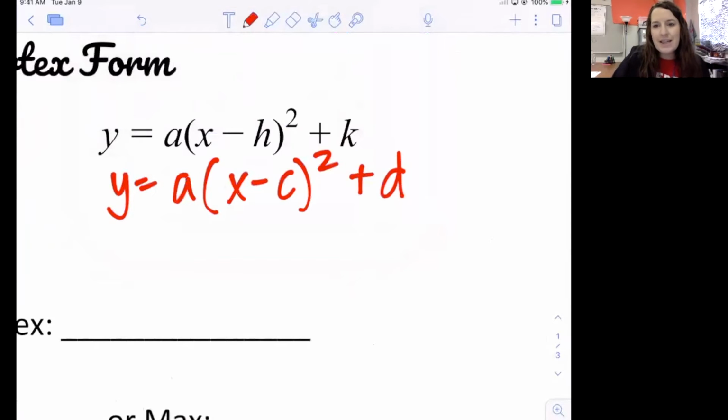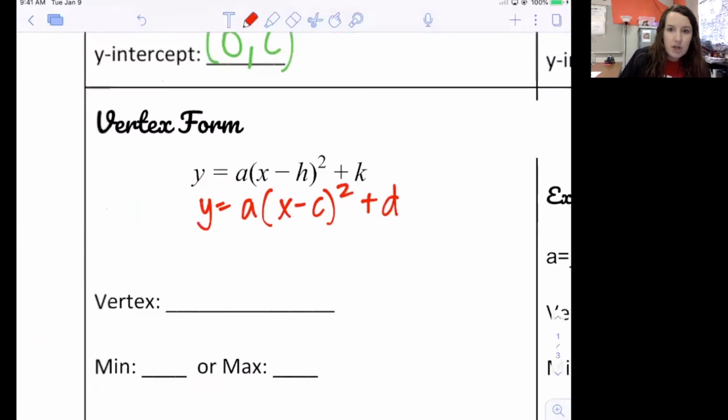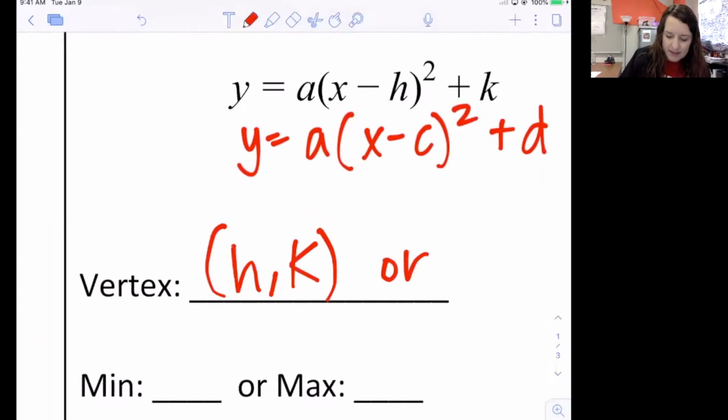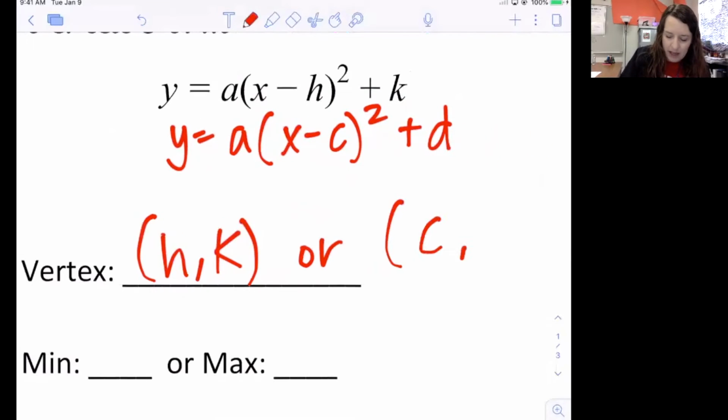And your c and your d, actually your a too, are going to do exactly the same thing transformation-wise as they did with your absolute value function. Okay, you still have x minus c, so it's going to do the opposite of what you think, et cetera. So your vertex is going to be located at the point h, k, or we could say c, d. Remember, h and k, c and d represent the same thing.